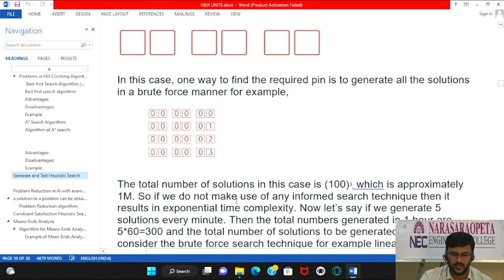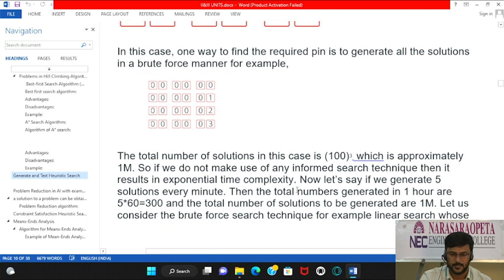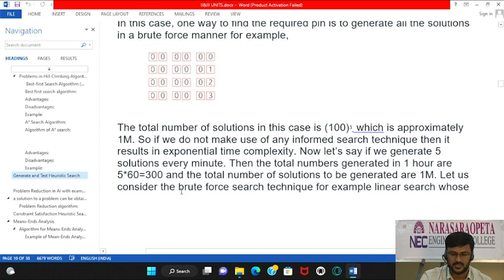So if you do not make use of any informed search technique, the result will have exponential time bounds. Now let's say that we generate 5 solutions every minute. The total number of solutions in 1 hour is 5 times 60, which is 300.